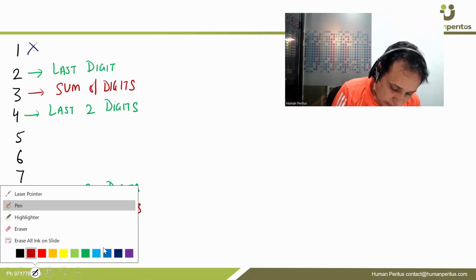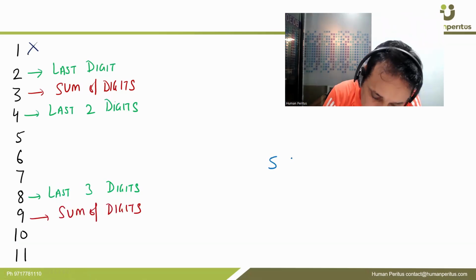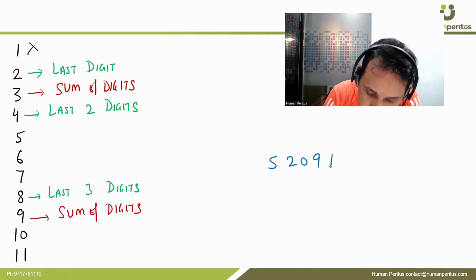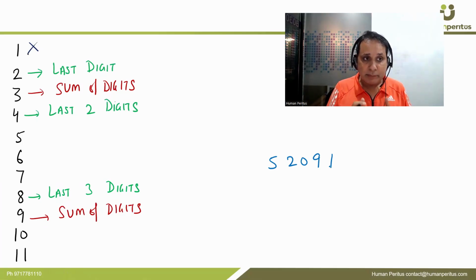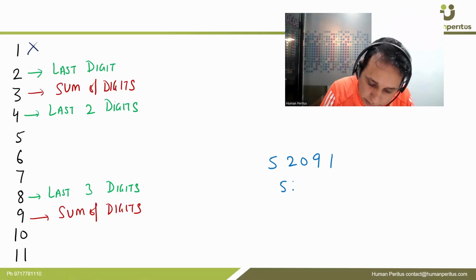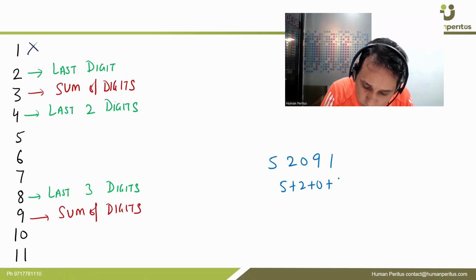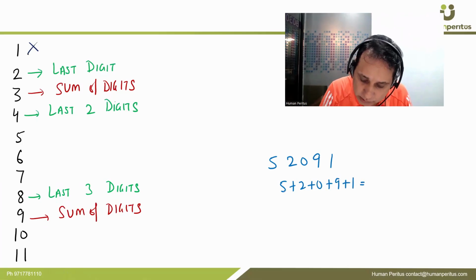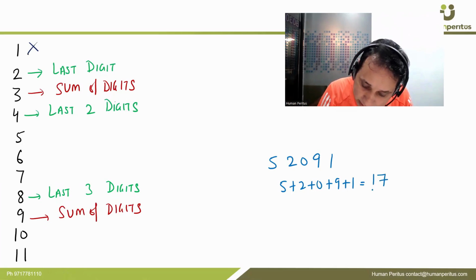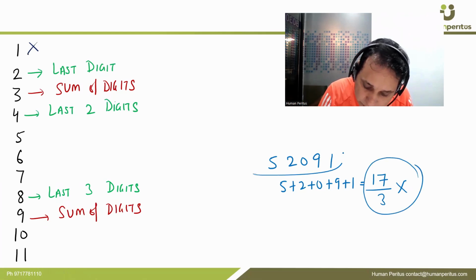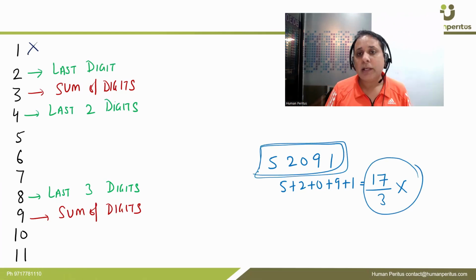For example, if I write a number 52091, whether this is divisible by 3 or not? 5 plus 2 plus 0 plus 9 plus 1. It is how much? 5 plus 2, 7. 7 plus 9, 16, plus 1, 17. I get 17. Because 17 is not divisible by 3, therefore this number is not divisible by 3.